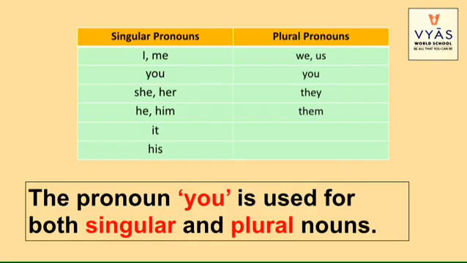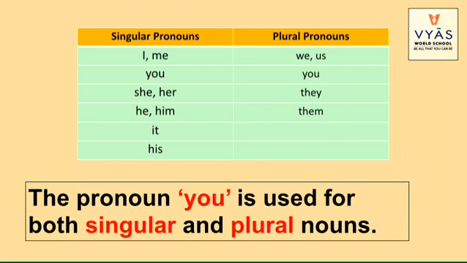Children, we've already discussed singular nouns and plural nouns. Now, with singular nouns, we use singular pronouns. Those are I, me, you, she, her, he, him, it, his. These pronouns are used with singular nouns.